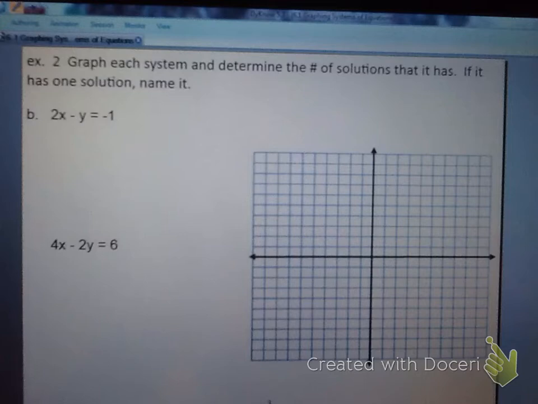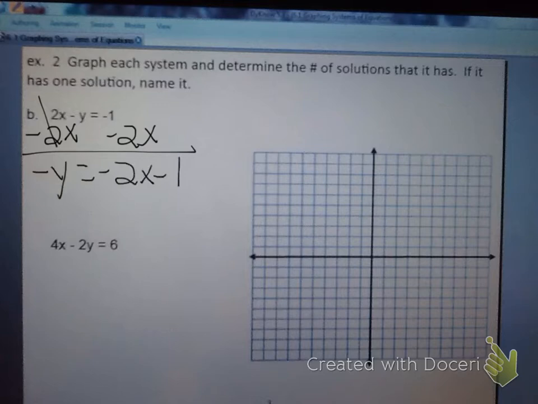Number 2, example 2, we need to solve each equation for y. We have negative y is equal to -2x minus 1. We divide everything by a -1, which changes the sign.